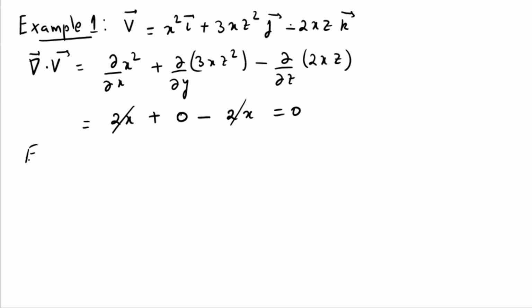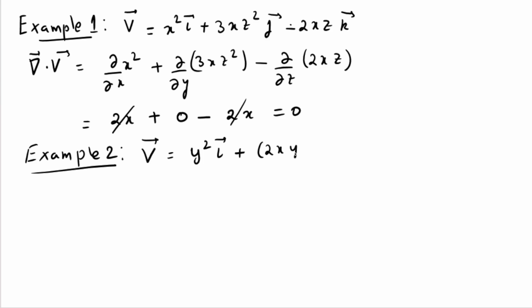Let us look at another example. Example 2. Now let us choose v to be y square i plus 2xy plus z square j plus 2yz k.